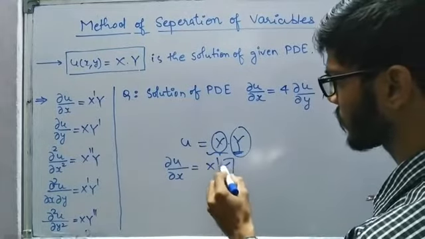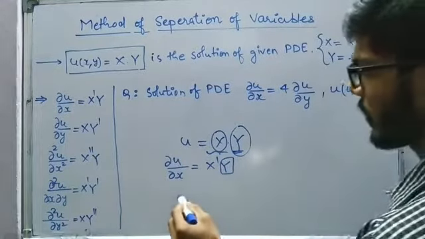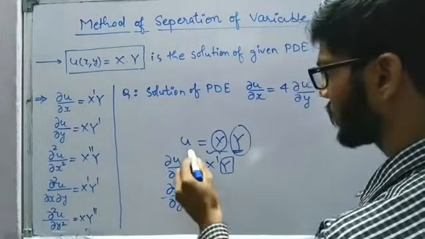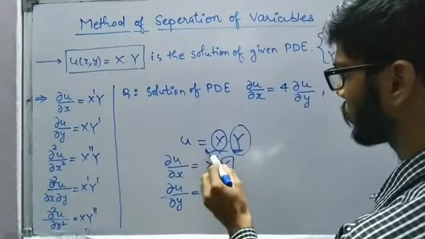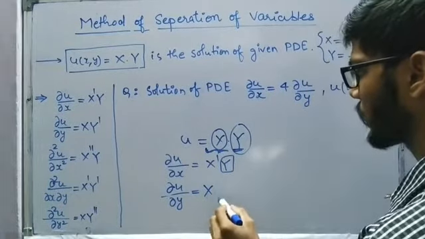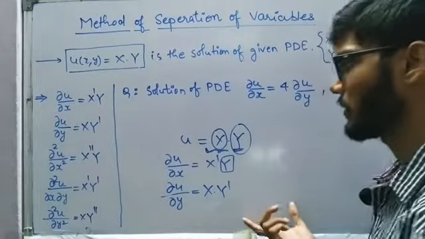So y will be constant, x will be differentiated once, and this will be X dash Y. And if we partially differentiate u with respect to y, x has nothing to do with y, so we differentiate y as Y dash. That's how we get the benefit out of it.